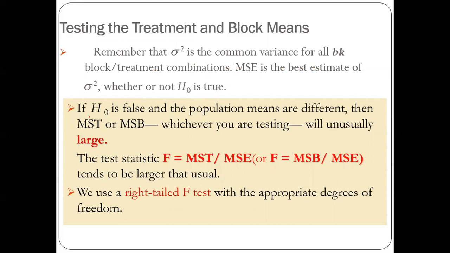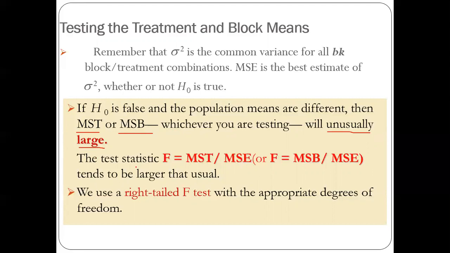If the null hypothesis is false and the population means are different, then MST or MSB, whichever you are testing, will be unusually large.